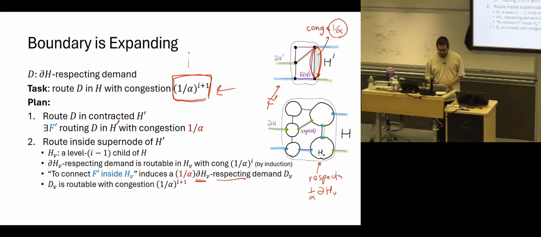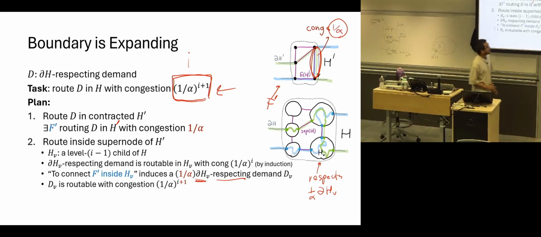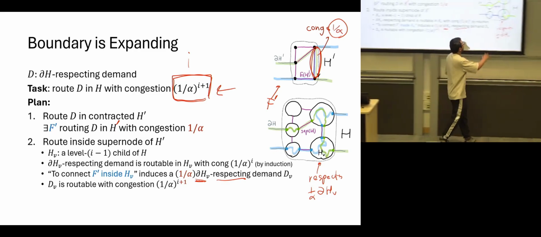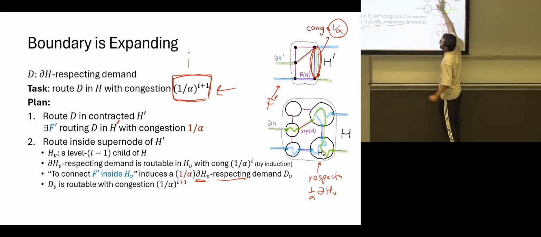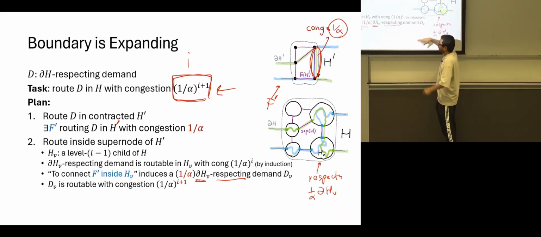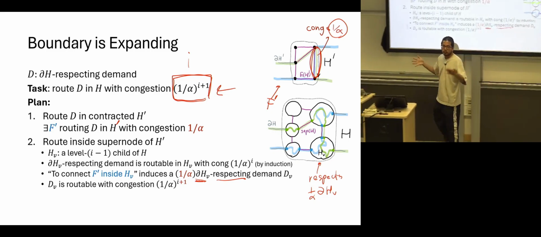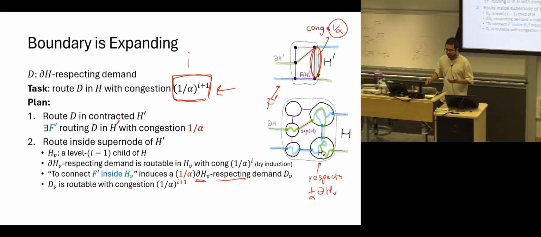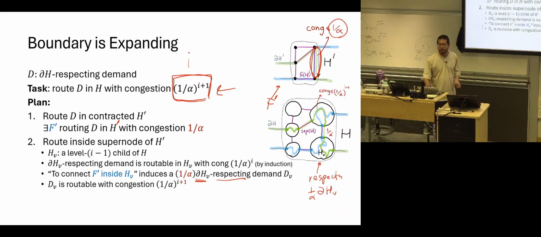So it means that inside each of the supernodes, you can connect the flow with congestion 1 over alpha to the I plus 1. So once you connect all these things, you successfully route the whole demand.